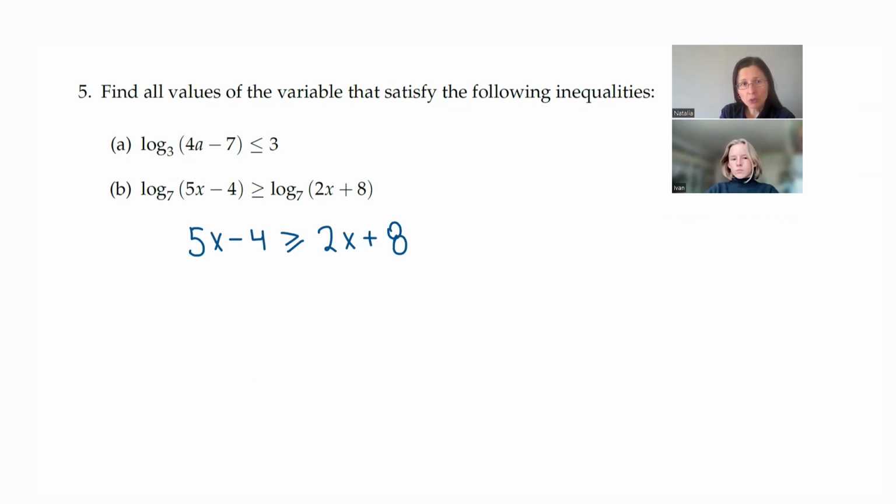Well, the only thing we need to watch for, these are logarithms, and a logarithm is not always defined. For example, x cannot equal -10, because then this is -54, and there is no power of 7 that gives that. You cannot raise 7 to any power to get -54, right?